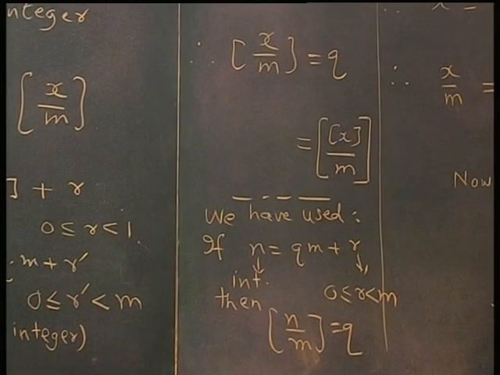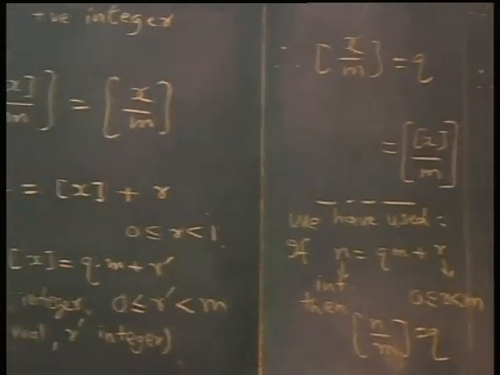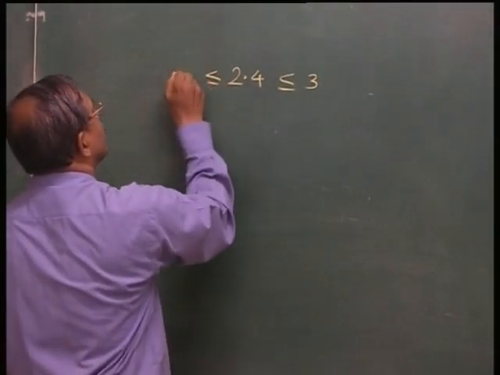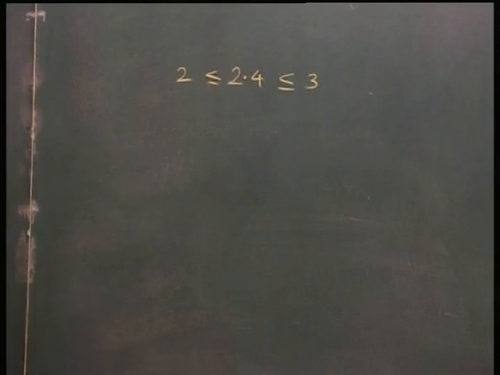Now, given a real number like this, there are two integers which are very close to it. In this case, 2 and 3 are close to this.